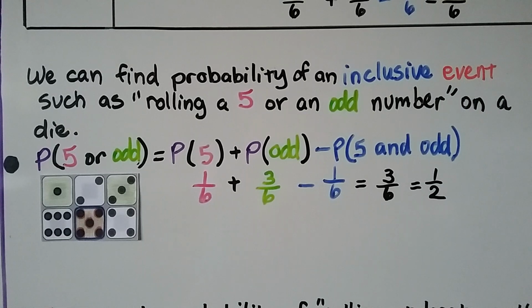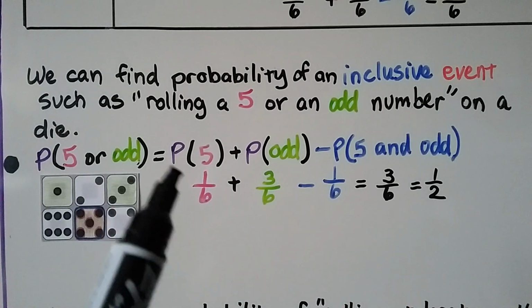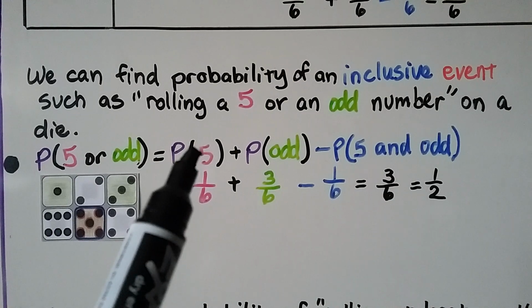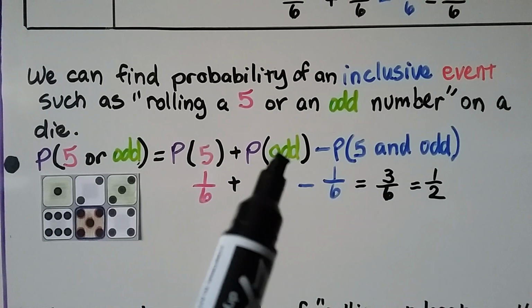We can find the probability of an inclusive event, such as rolling a 5, or an odd number on a die, on a number cube. So on a number cube, there's a 1, 3, and 5. Those 3 faces would be the odd numbers, wouldn't they? So rolling a 5 or an odd number would be the probability of 5 or odd, and it's going to equal the probability of getting the 5 plus the probability of getting the odd.